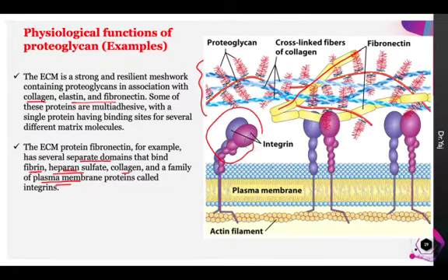So this helps in the formation of the meshwork that you observe in the extracellular matrix. And the key to the formation of this meshwork is the fibronectin protein, which has multiple domains to bind to different proteoglycans and different proteins.